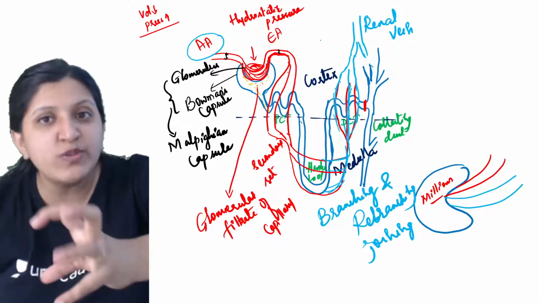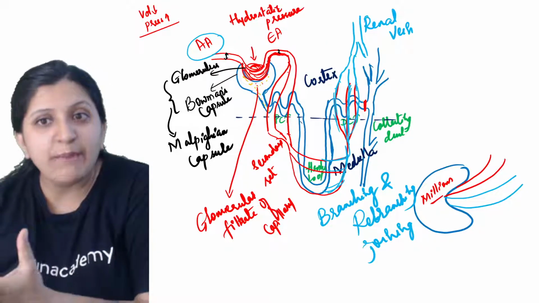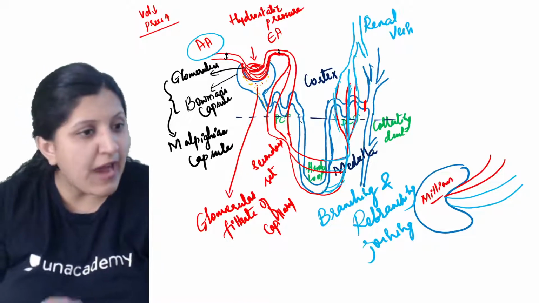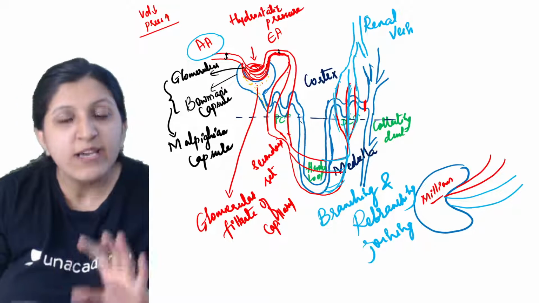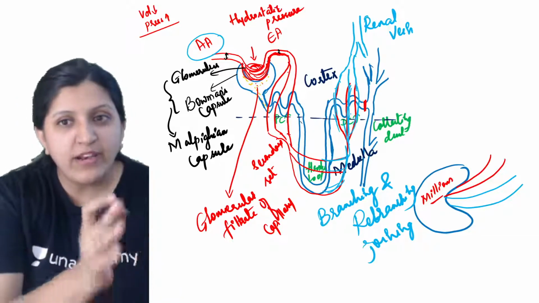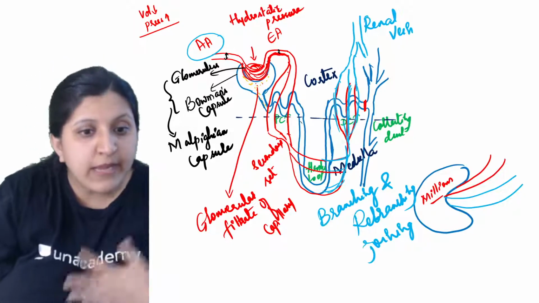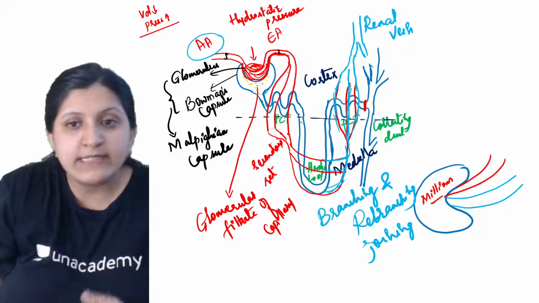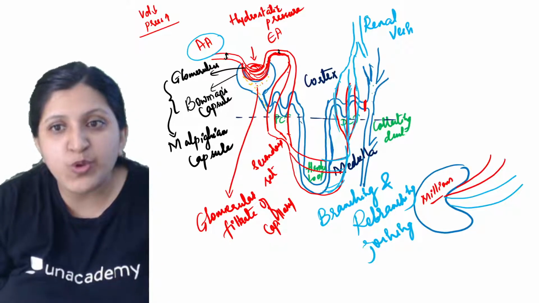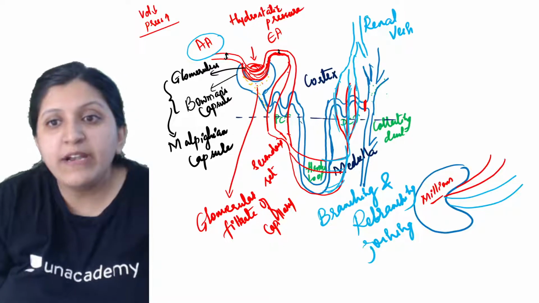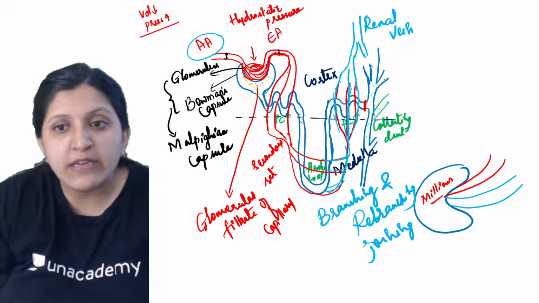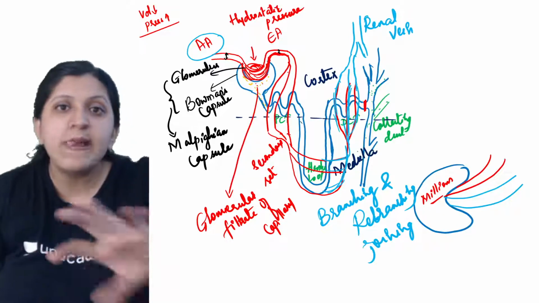Here we have drawn a collecting duct, right? It is not just for one nephron; many such nephrons are pouring their contents there. That is basically urine. Urine is poured from different nephrons which are interconnected here through this collecting duct.